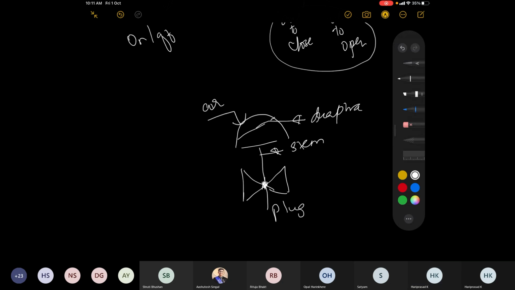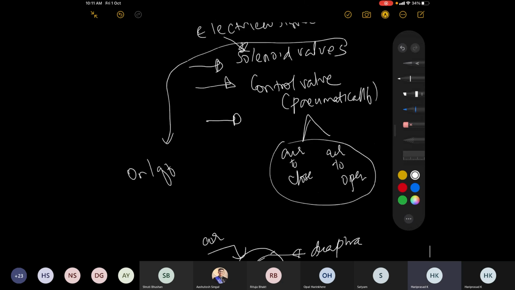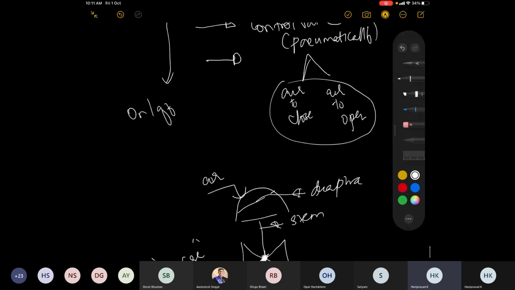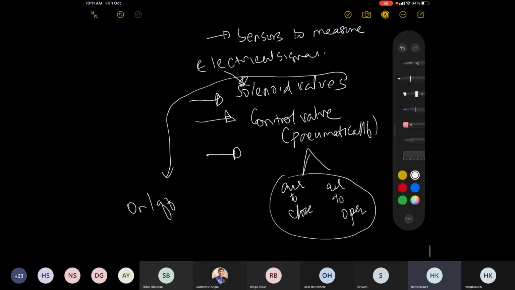In a control valve, when air acts on the diaphragm, the stem moves up or down, giving precise control of the flow rate. But the available electrical valves, also known as solenoid valves, which are in the market, are mostly on-off. They are only used to shut off or open because of the energizing of the solenoid.